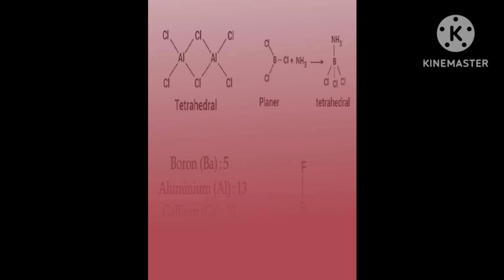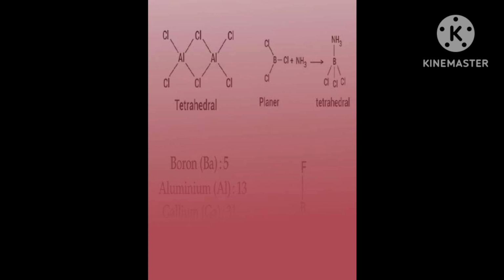Aluminum dissolves in dilute HCl and liberates hydrogen gas. The balanced equation: 2Al, Al is solid, plus 6HCl, that is aqueous solution. It forms aluminum ions, 2Al3+, plus 6Cl- chloride ions, plus 3H2, hydrogen gas.